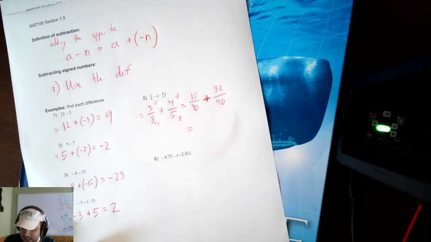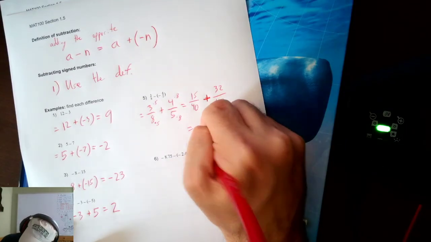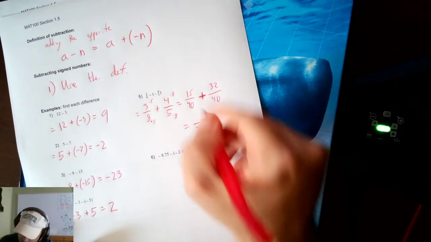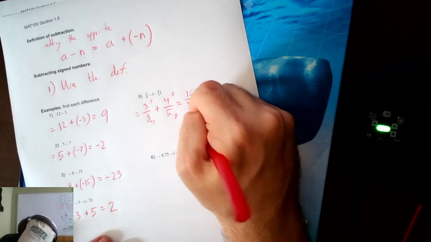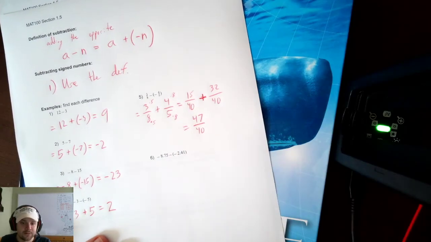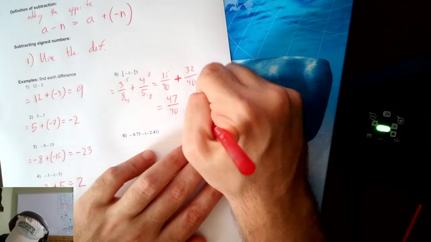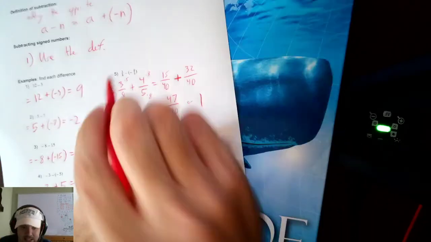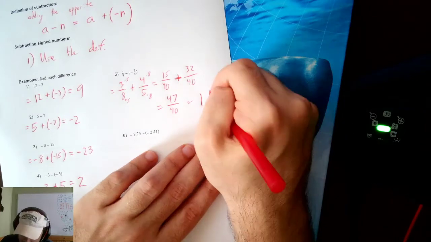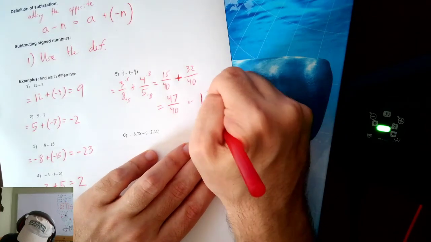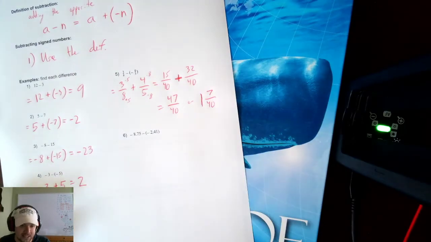Now I have the same base, so I know it's going to be 40 in the bottom. 15 plus 32 gives me 47 over 40. Or, if you prefer mixed numbers, that would be 1, and there's going to be 7 left over after we take a whole amount of 40 out, right? 1 and 7/40ths as a mixed number.